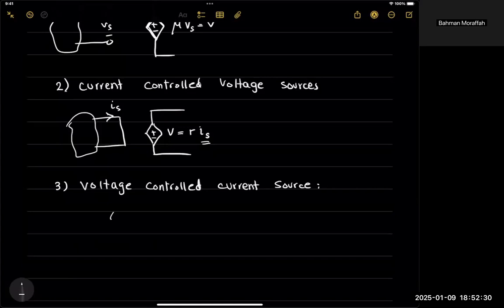So if this is my circuit, and this is some voltage in the circuit, let's call it V of S, I have a dependent current source where its value I is some constant times this voltage here, right? So as you can see, the value here depends on some other value in the circuit. In this case, it's the voltage.